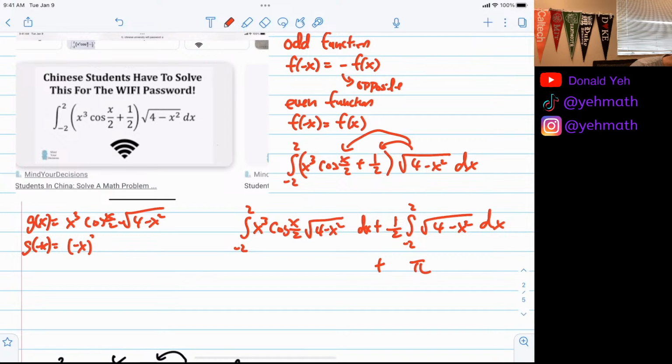So negative x to the third, cosine of negative x over 2, square root of 4 minus negative x squared. I will never test this question, so you don't need to worry about it. I just wanted you to understand it.